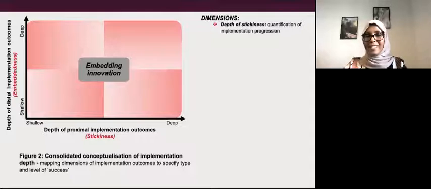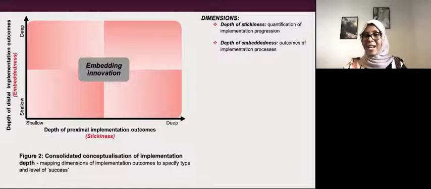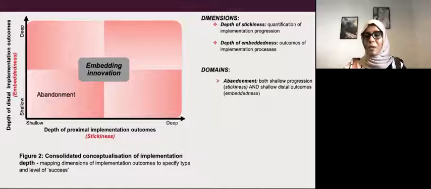On the y-axis, we have depth of distal implementation outcomes, which we term as embeddedness, which reflects the outcomes of implementation processes. And so now if we map the 4 different domains of implementation depth we identified onto these 2 dimensions, we first have abandonment.